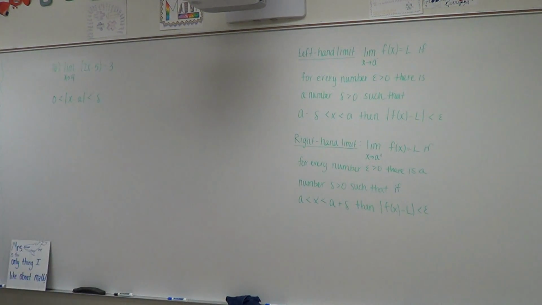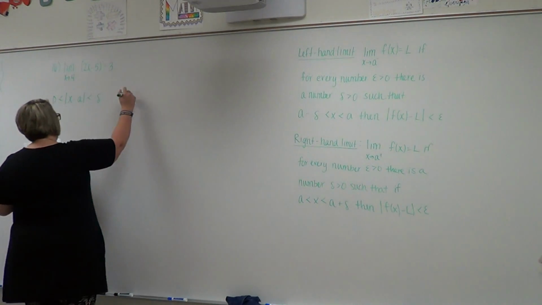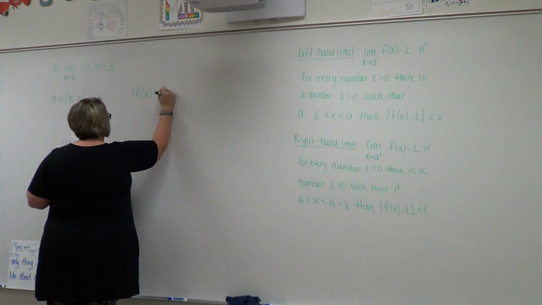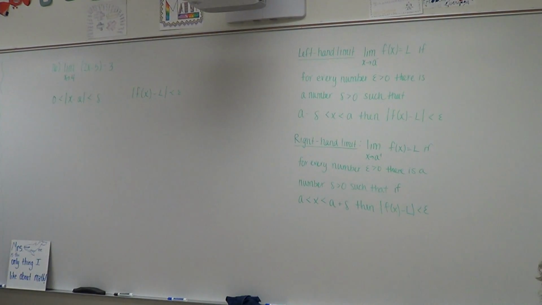Did you write down the precise definition? Okay, well, here's the 2 parts you have to do. You have to deal with this part, and then if that's true, then that means this is true. For delta greater than 0 and epsilon greater than 0.